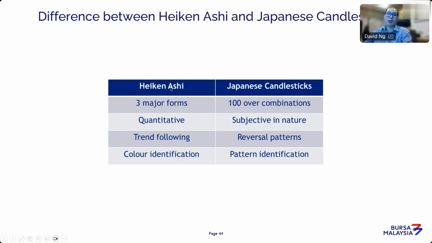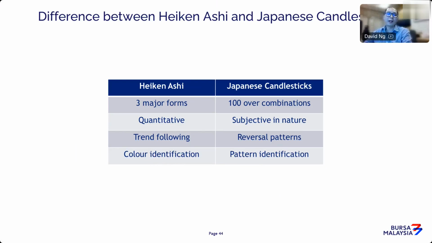So, the difference between Heiken Ashi and Japanese candlesticks. Again, I think Heiken Ashi is widely used for trend trading because it's easy to identify. There's only 3 distinct patterns. You don't need to look at 100 over combinations. There's only 3 different patterns you need to take note of. Now, if you are doing algo or some sort of automated trading, you can actually code the formula of Heiken Ashi as part of your coding decisions.